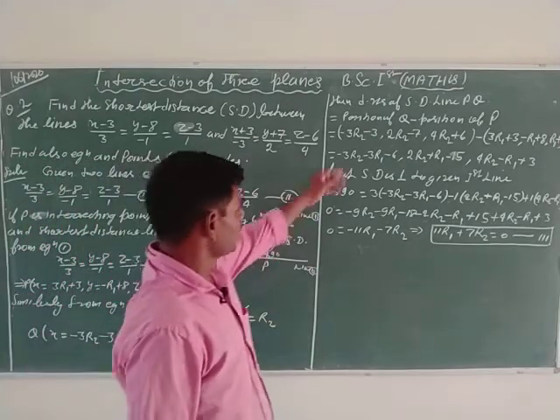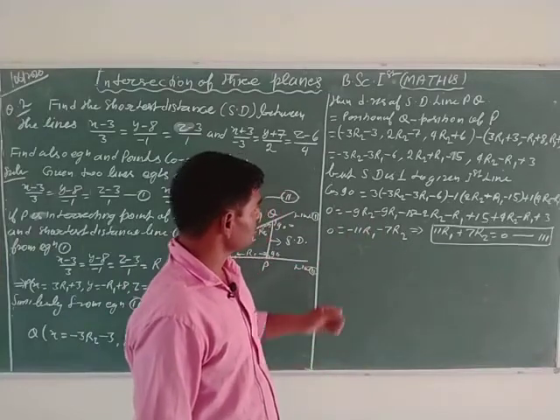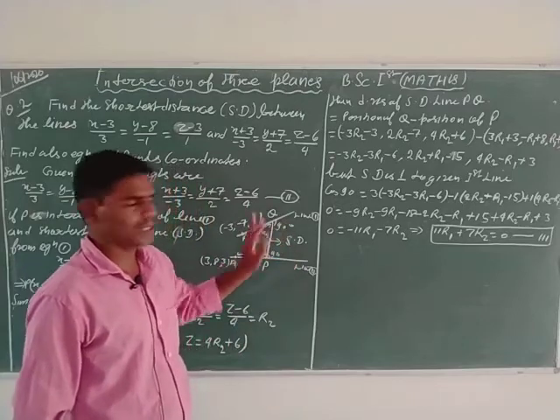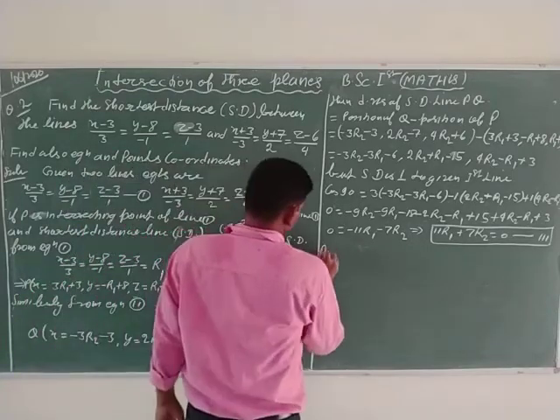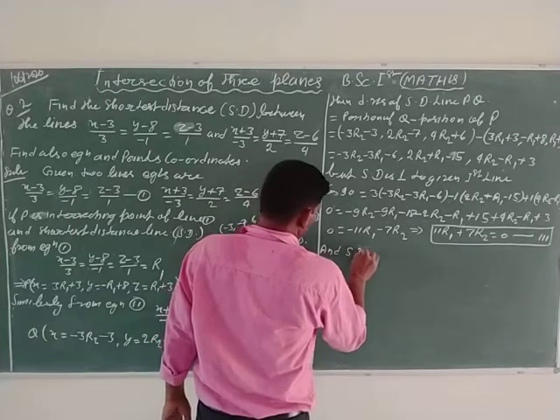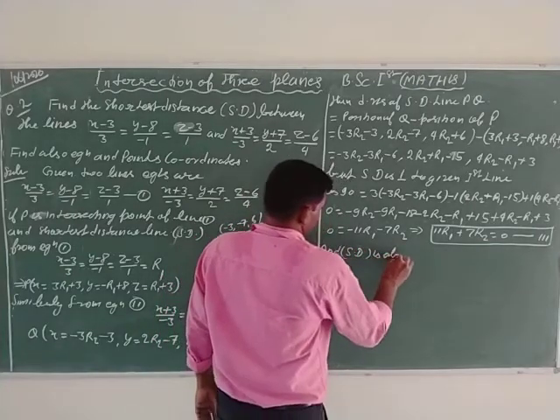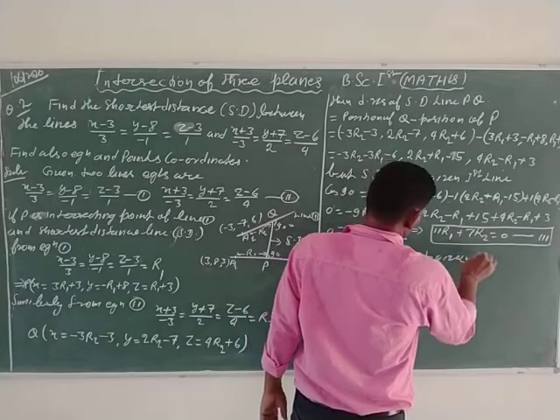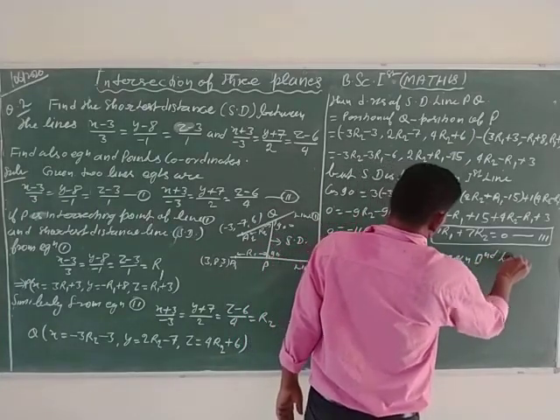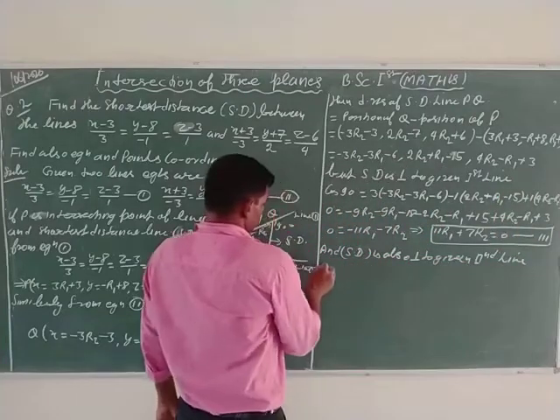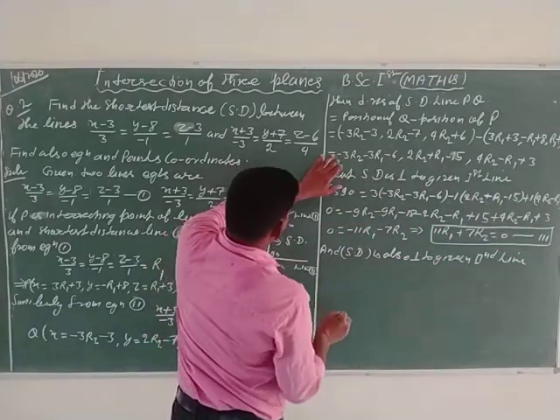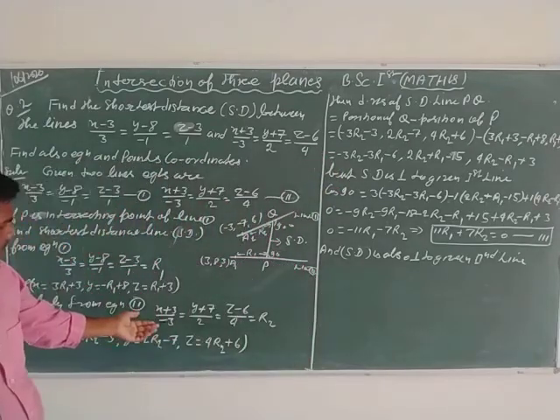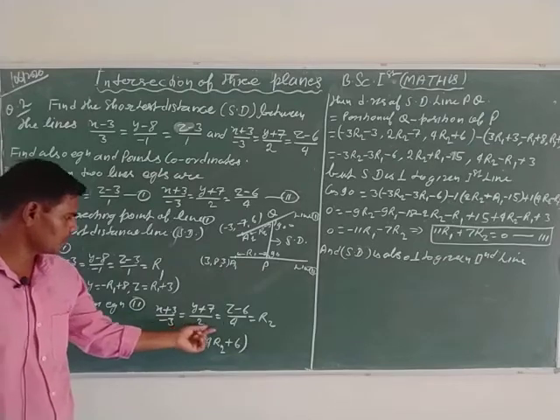Similarly, taking another relation, the second relation, with the help of SD being perpendicular to the second line. SD is also perpendicular to the given second line. Therefore, the direction ratios of SD are minus 3 R2 and so on, and the direction ratios of the second line are minus 3, 2, 4.